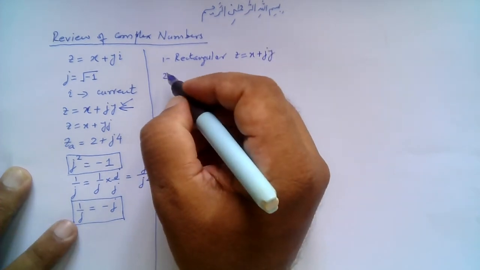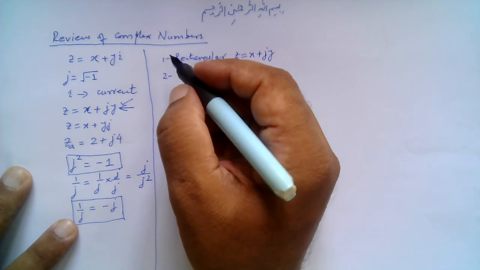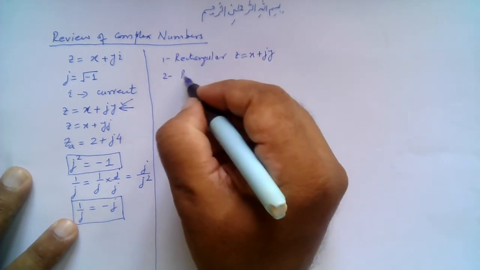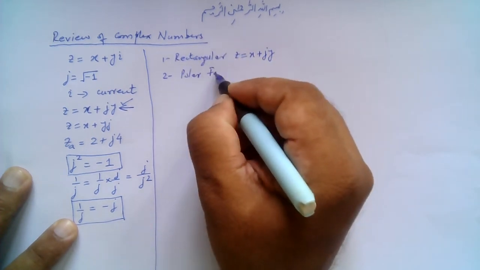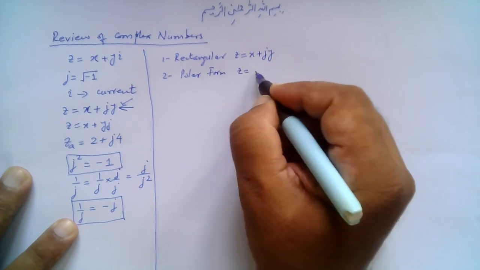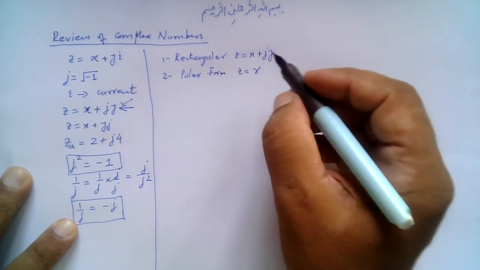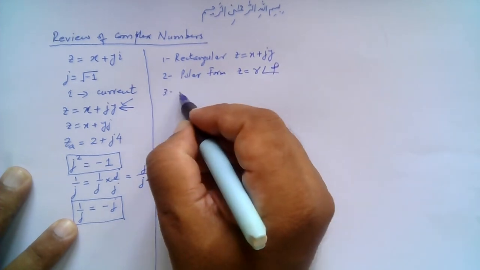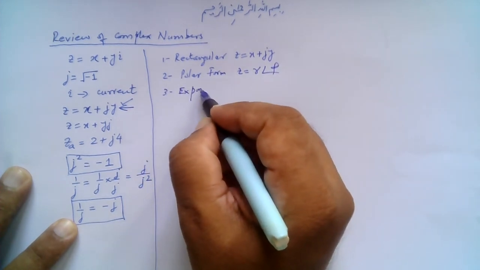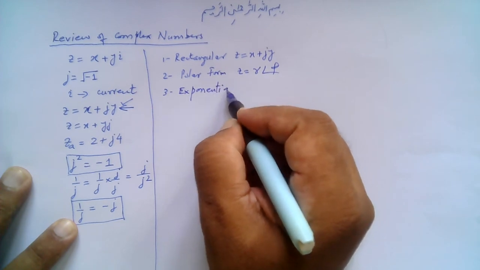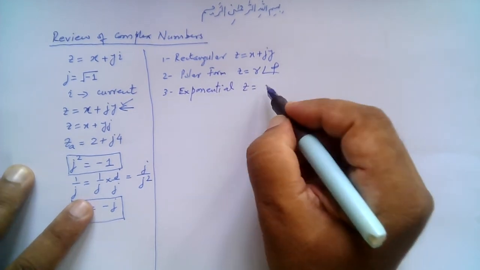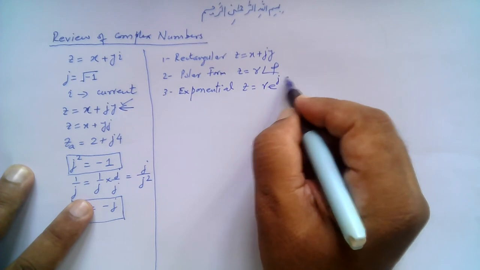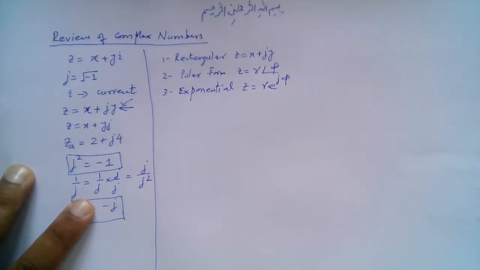The other is the polar form, for example, z is equal to r angle phi. And the exponential form, z is equal to r e to the power j phi.